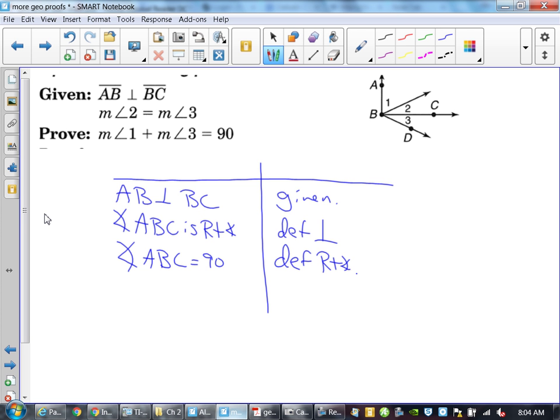Now we have to get into where it's trying to lead you. Notice, you have 2 angles that make up the 90-degree angle. Then you have two angles that are equal to each other, that you can substitute in for, and then back one out. So in this case, what would I write next?